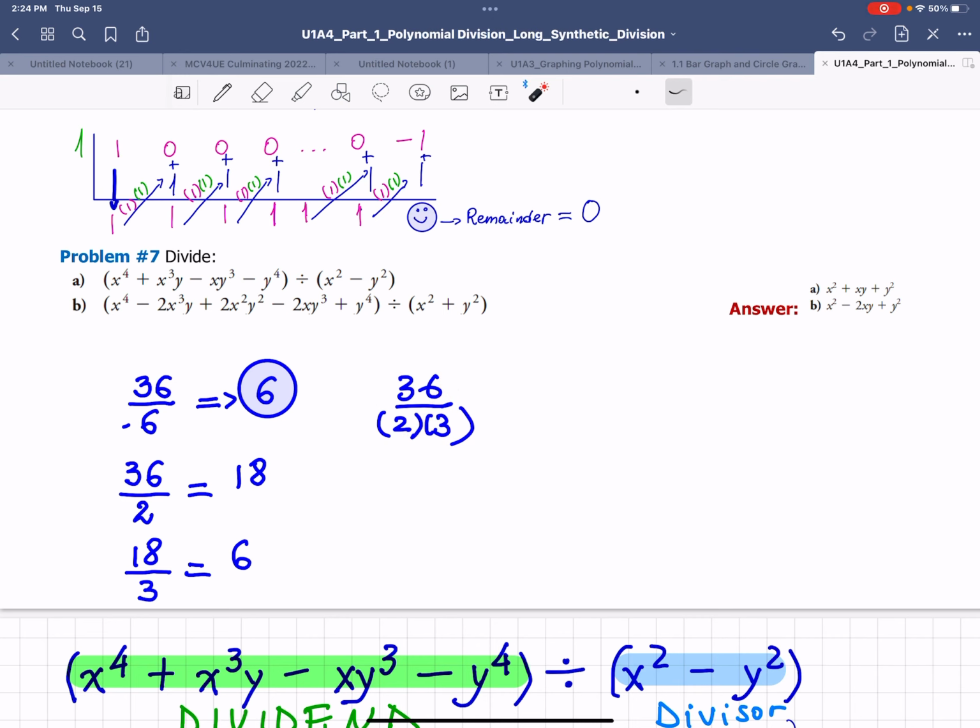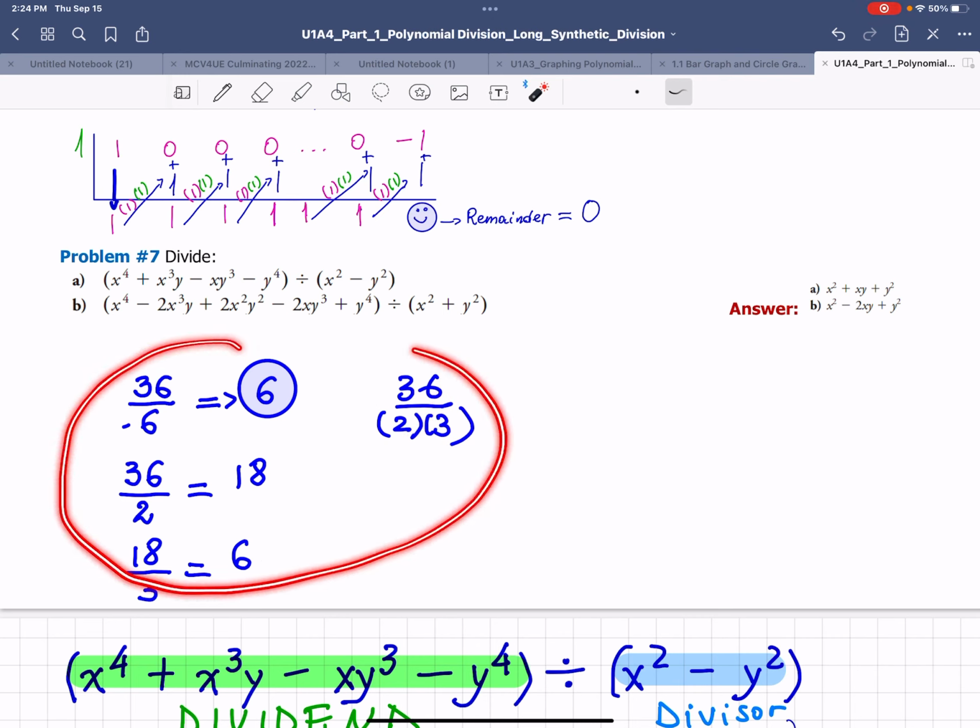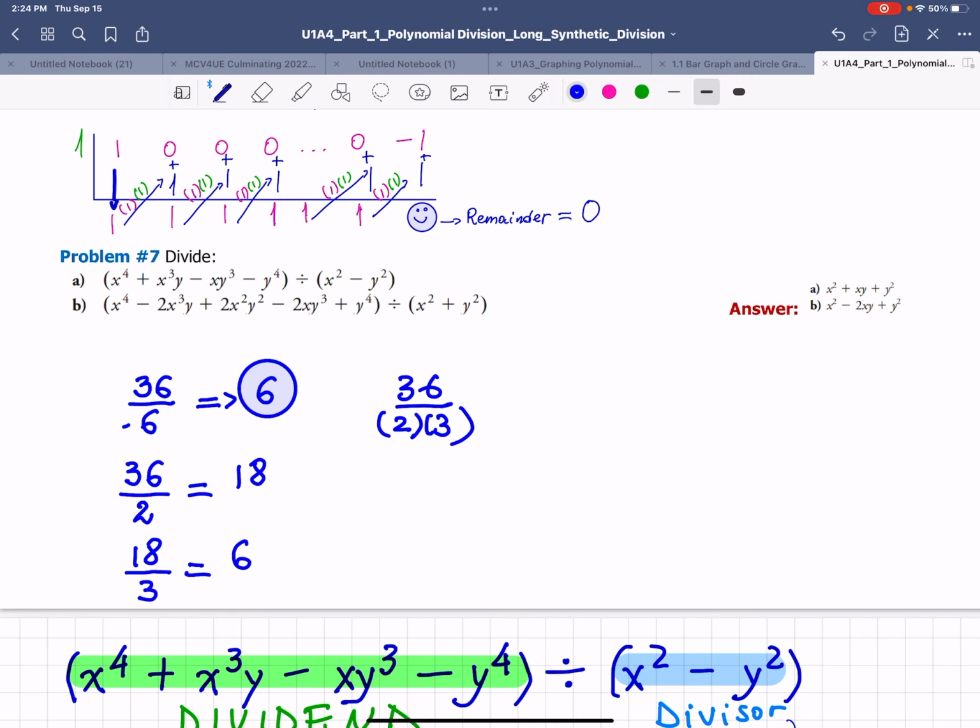So the next strategy is built on this idea, and the way this works is by simply factoring x squared minus y squared into (x minus y)(x plus y).